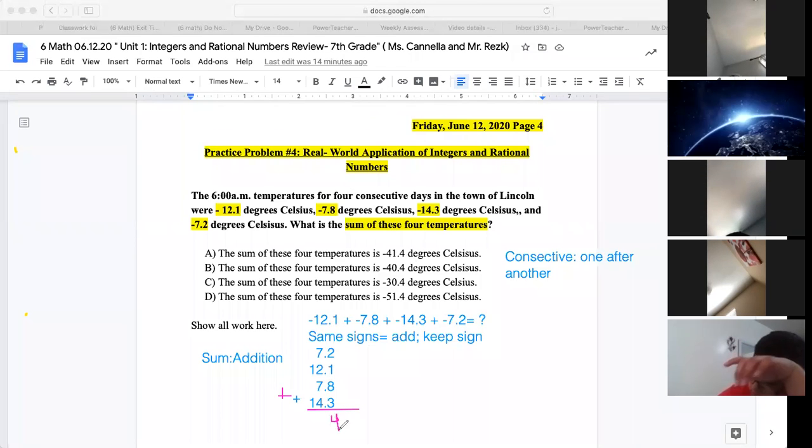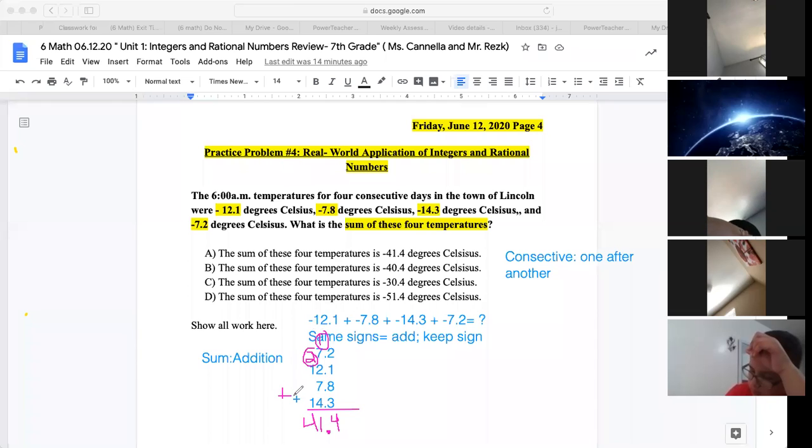So this is a 5. I put down the 5, and I'm going to bring up the 1. 1 plus 7 is 8. 8 plus 2 is 10. 10 plus 7 is 17. Plus 4 is 21. So now this is a dot. So I have now 2 plus 1 is 3. 3 plus 1 is 4.